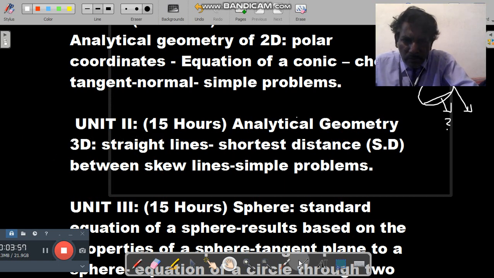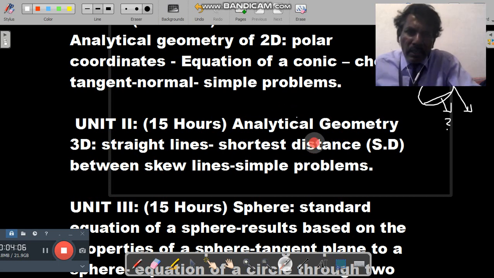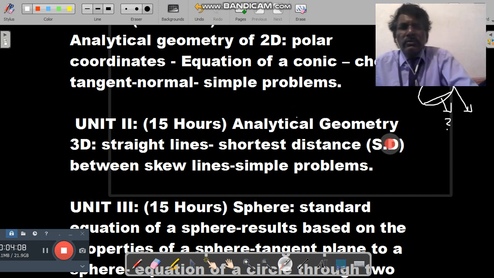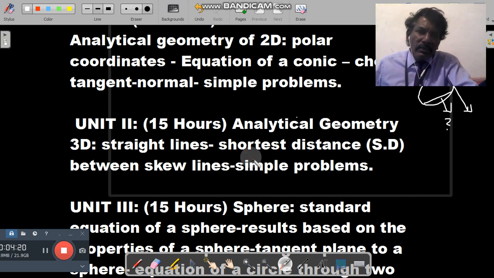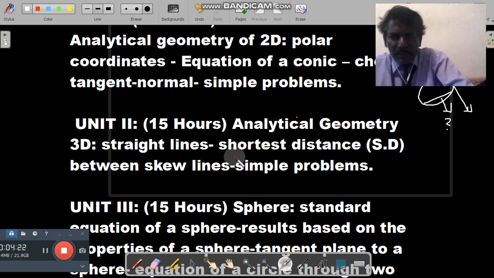We have to finish all the concepts here. The first one is about a straight line. This is 3D, 3 dimensions. In the previous case, it is 2 dimensions, but this is 3 dimensional geometry.